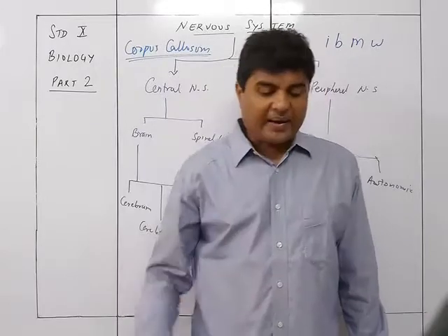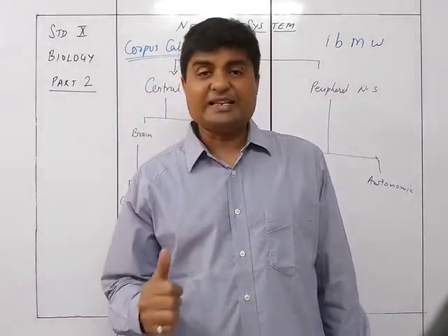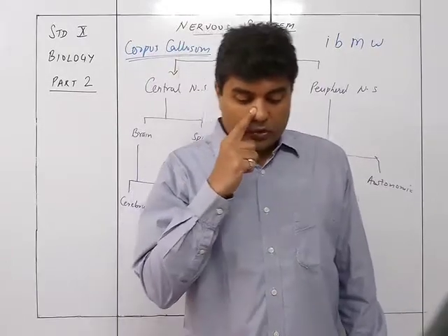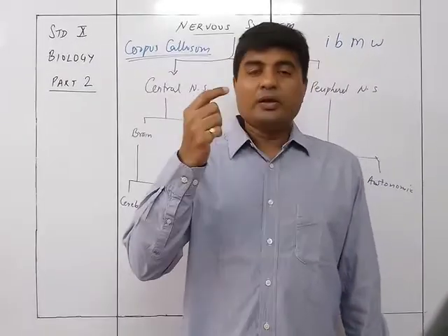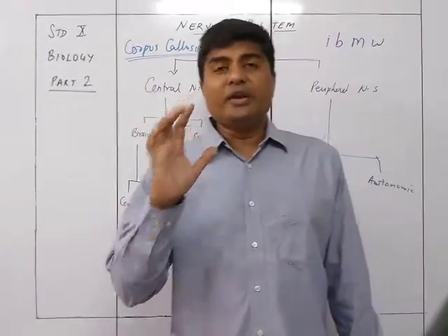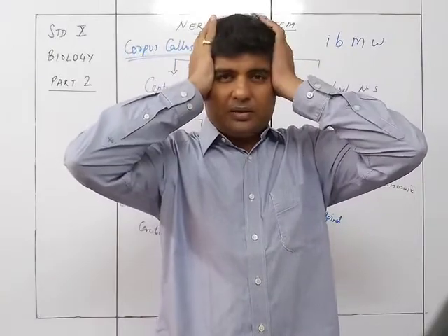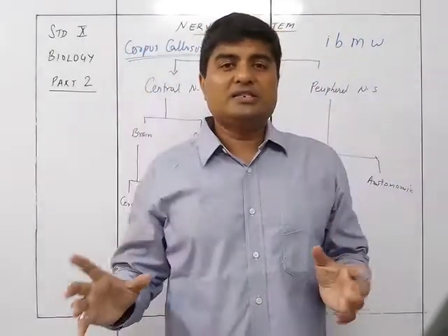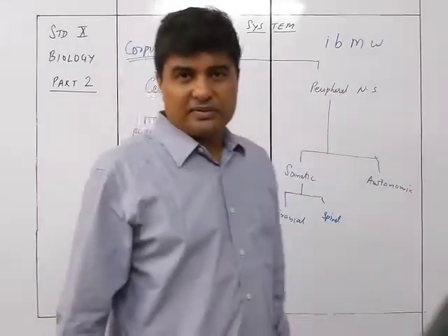There are 12 pairs of cranial nerves, some of which are sensory, like the olfactory nerve for the nose, the optic nerve and the auditory nerve. So there are 12 nerves in our head part. The head part consists of the cranial somatic peripheral nervous system.